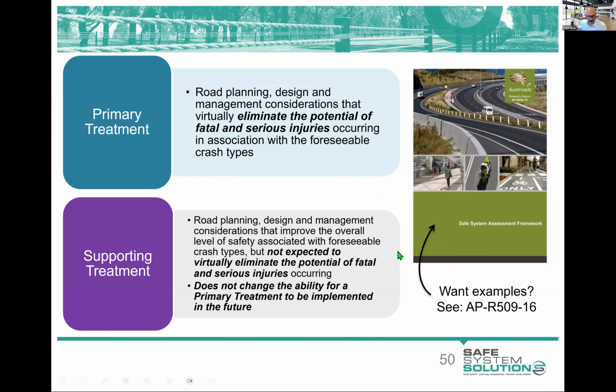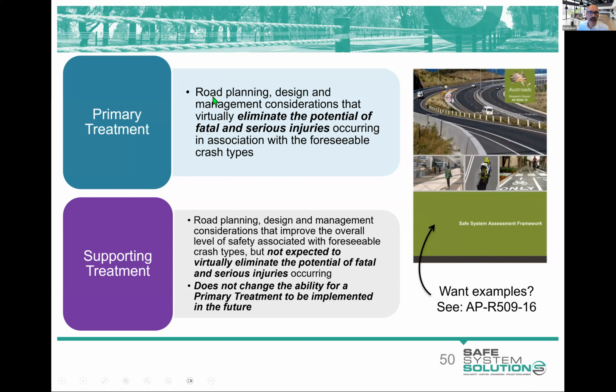In our last 5 minutes here, I'm going to take you back to module 1, and I'm going to talk you through primary and supporting treatments, because your whole quiz is associated with getting your head around this. Okay, and it's not particularly easy. This document, the Safe System Assessment Framework, helps you, and there's information in that. That is in the learning management system, in the resources, so you've got a copy of that ready to go.